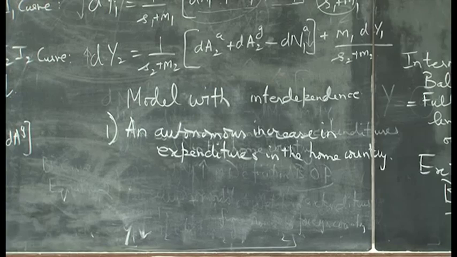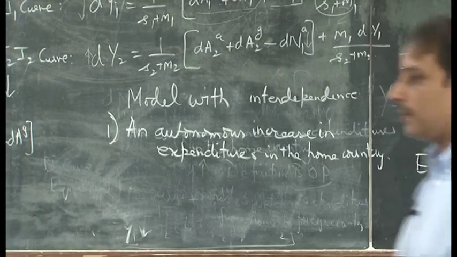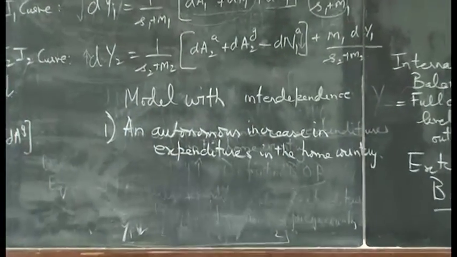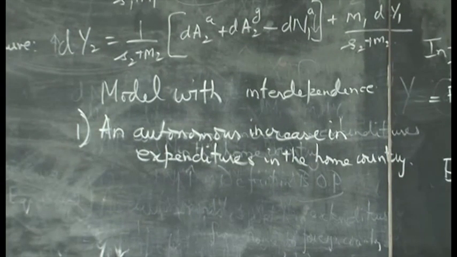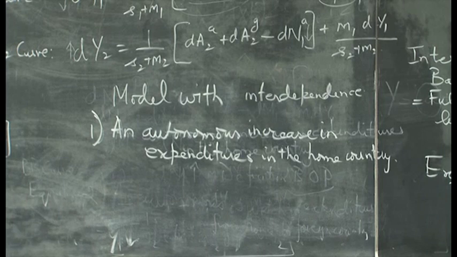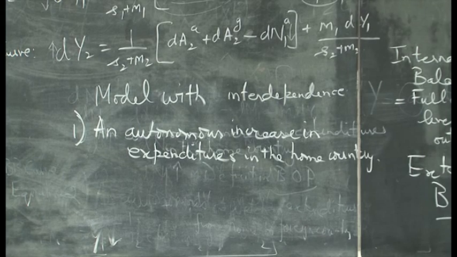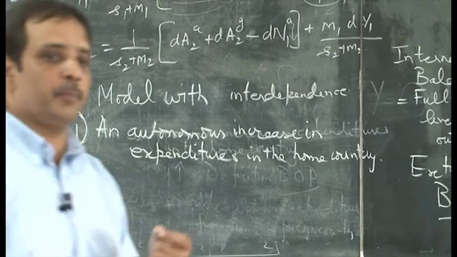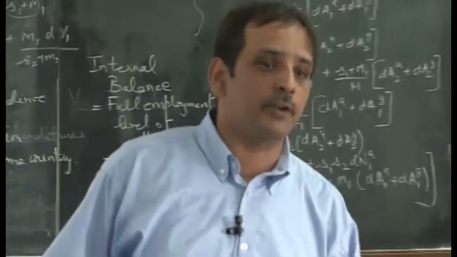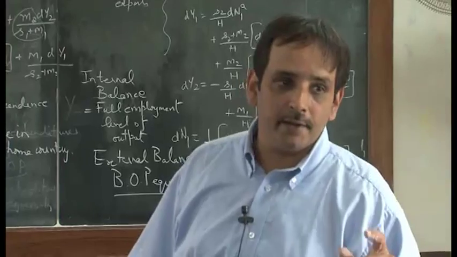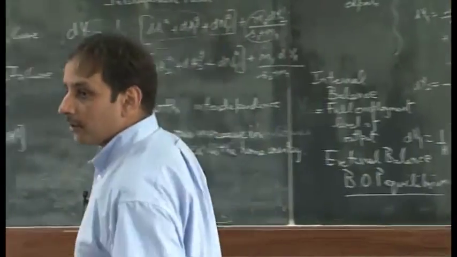You already know that when there is an autonomous increase in expenditure, the appropriate policy from both national and global point of view is to decrease the expenditures in the home country. Now, when I say appropriate policy from national and global point of view, I am bringing in what happens in the foreign country.